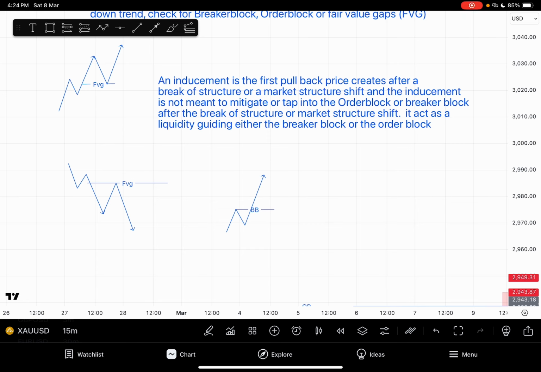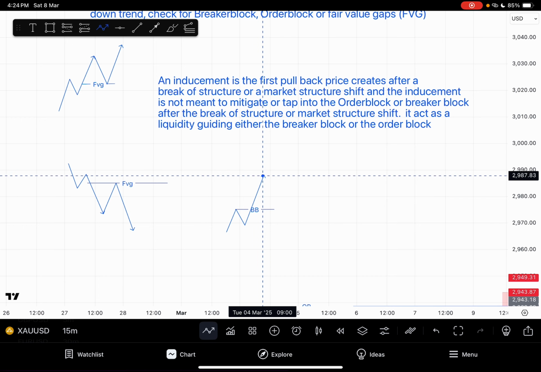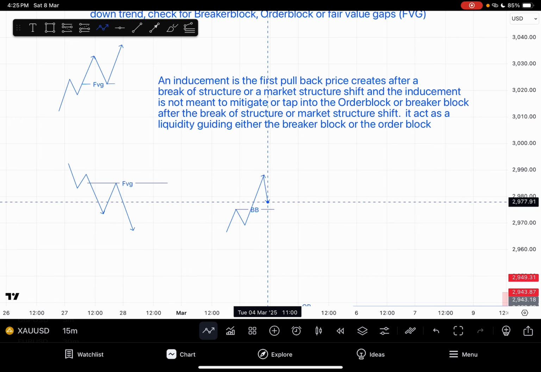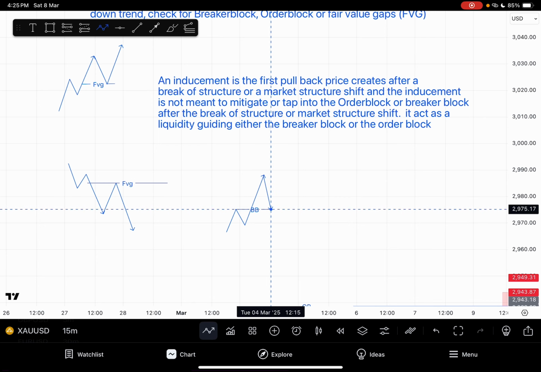It acts as a liquidity guiding either the breaker block or the order block. So now from here, after the break of structure, since this is the first pullback, it is not meant to mitigate or tap into the breaker block.